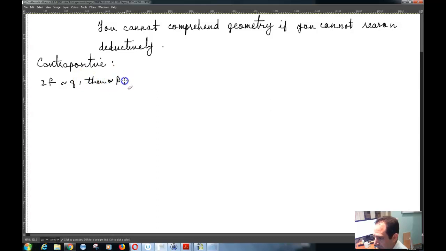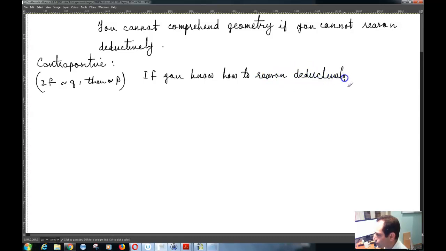So what that means is that if not Q, meaning if you can reason deductively, or as written here, if you know how to reason deductively, then you can comprehend geometry.